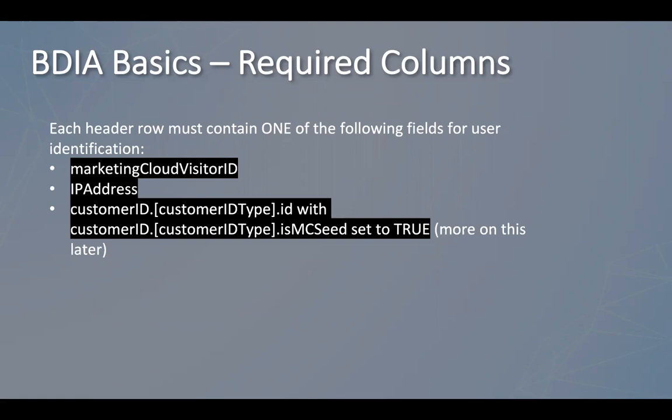You can pass that in there, and then there's a second field that is MCC'd, which would be set to true. We'll get into that in a little bit, but that's where the functionality of bulk data insertion starts to get really cool, when you can start to include data from other systems and other analytic tools and essentially integrate it into your standard Adobe Analytics traffic data.